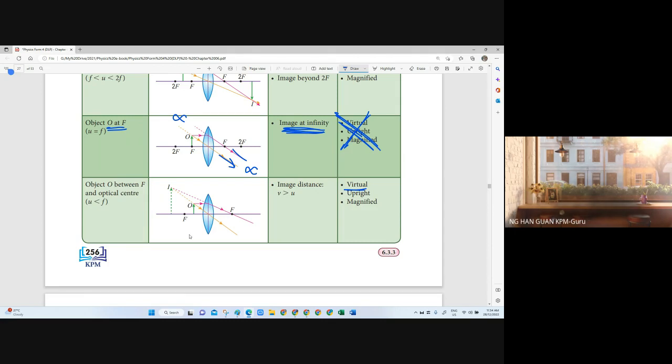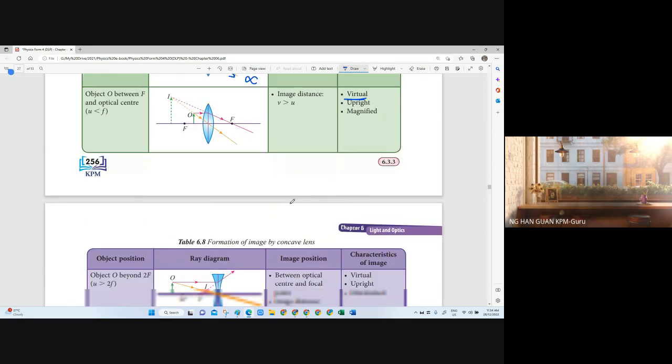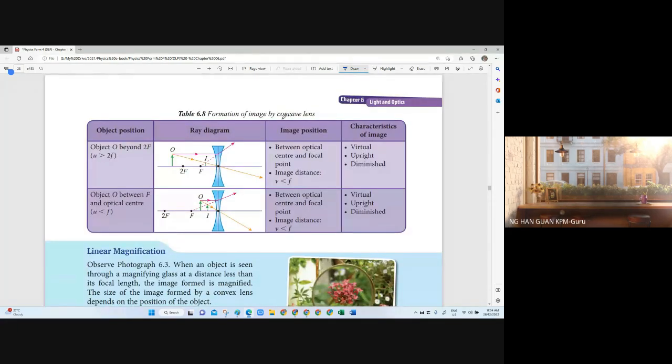In the reference book that he published, the correction has already been made. But for the textbook, the correction can only be made in the second version, which is usually published only after 5 years, because the textbook is expected to be used for at least 5 batches of students. So what I can tell you is, please erase this one. This one is wrong. And about the formation of images by the concave lens also, you do not need to memorize it.